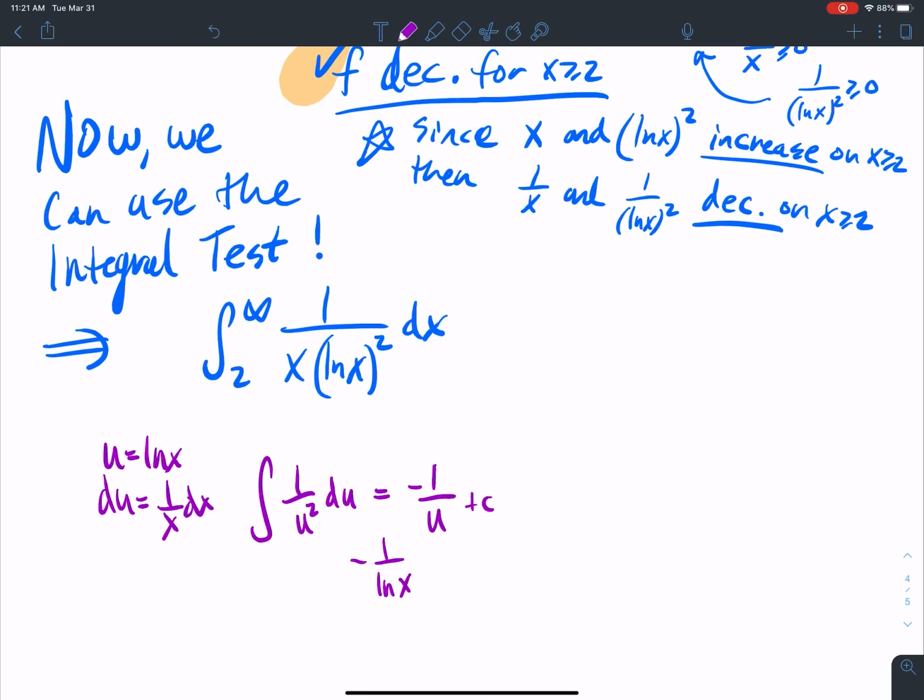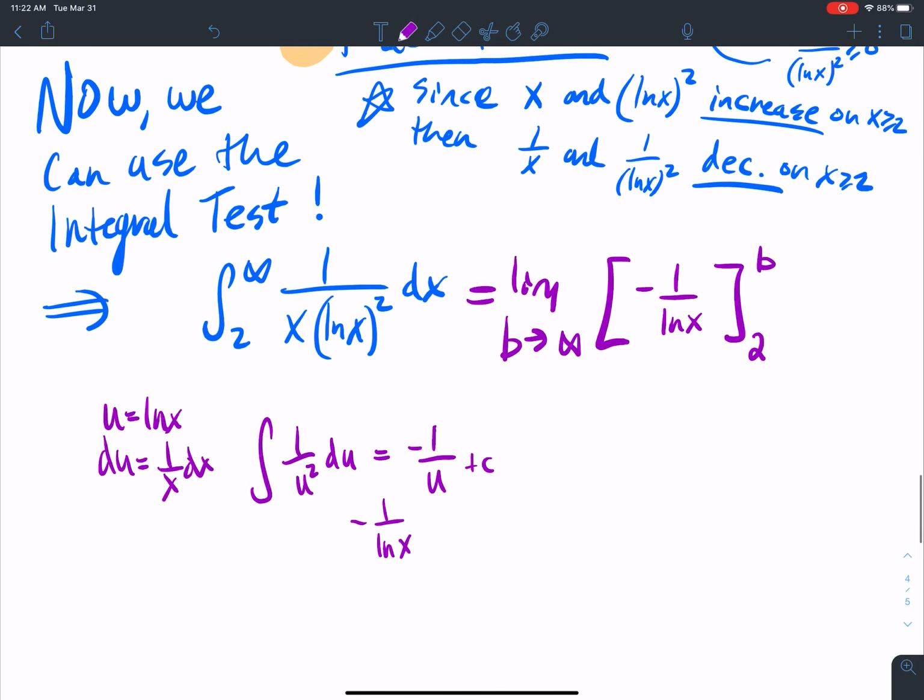Ooh, this looks promising. It looks a little different, right? So what does this become? It's the limit as b goes to infinity of, and then our integral, when we integrate, is negative 1 over ln x from 2 to b. So from 2 to b. So what is this going to be? This is going to be the limit as b goes to infinity of negative 1 over ln b minus negative 1 over ln 2.